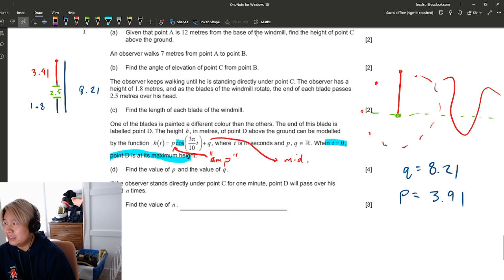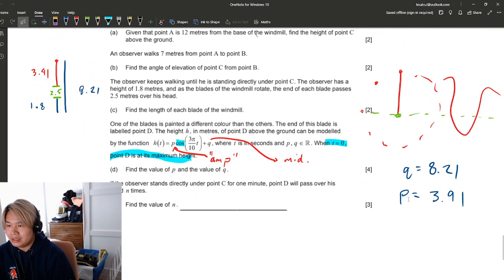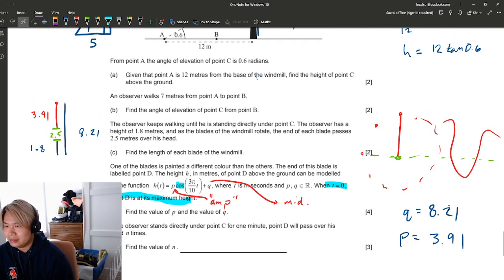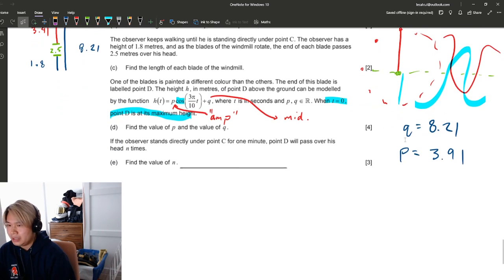Therefore, we don't need a negative because a positive cosine graph will start at the maximum. If they had said point D at the beginning is the bottom blade, then we would need to put a negative here so that this properly makes the right graph, because the blade would start at the bottom. So when you graph it, it would go bottom to top and then back down again. But anyways, here's P and Q.